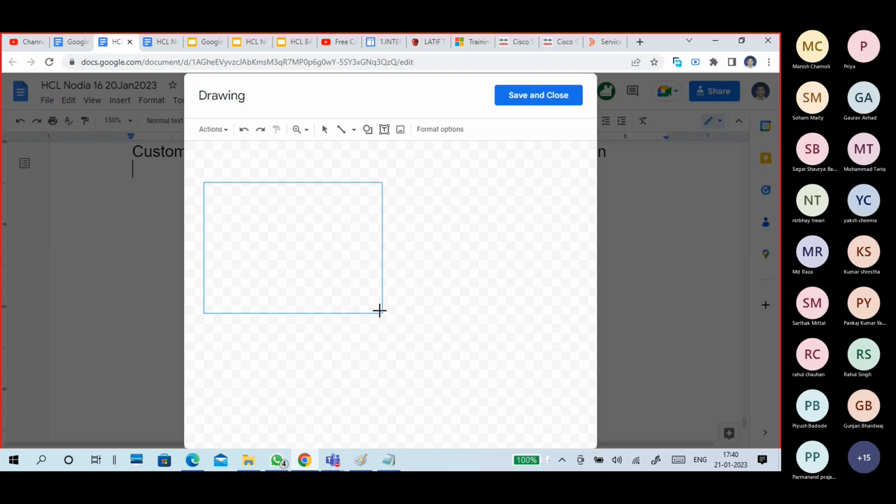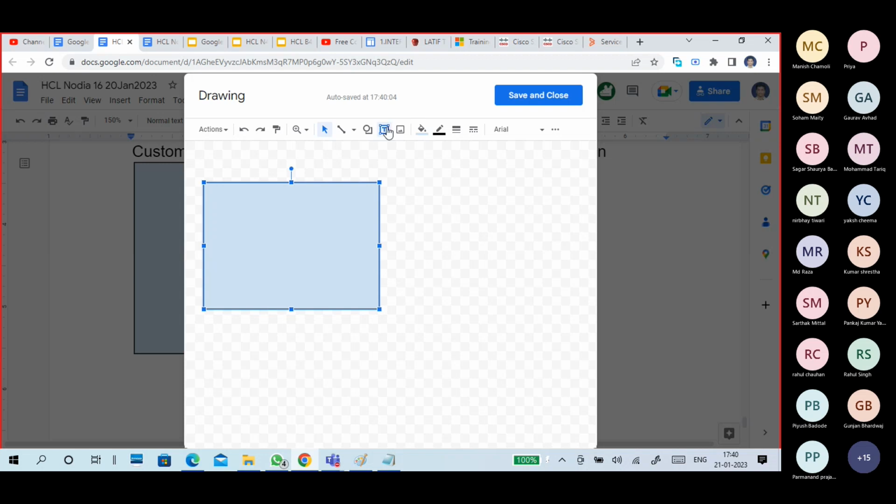I think this box size is enough. This is some company organization, for example, Latif Tech Solutions. This is the Latif Tech Solutions organization.